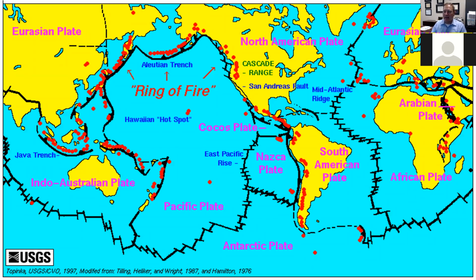And certainly Hawaii is a hot spot. Hawaii is a product of volcanic activity that's come up through the Pacific Ocean and has constantly formed this ridge of islands through the last several million years.